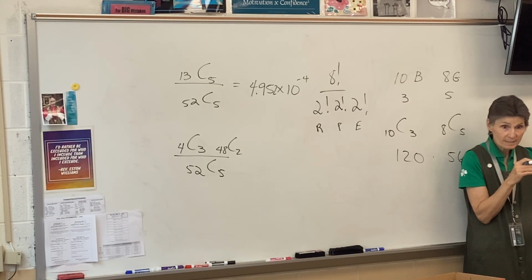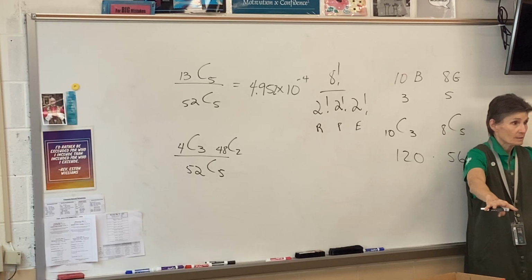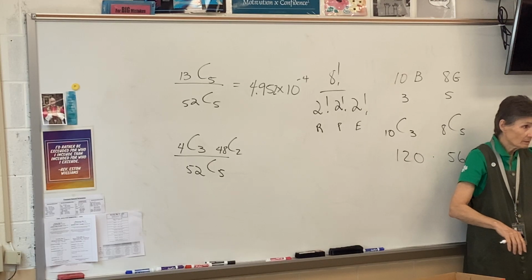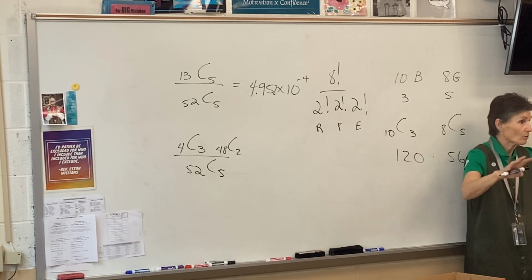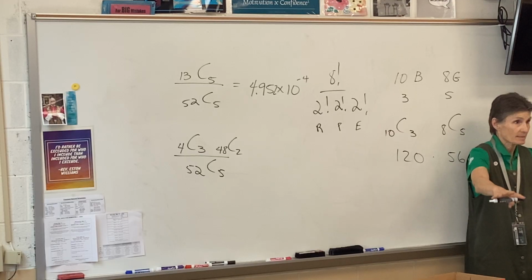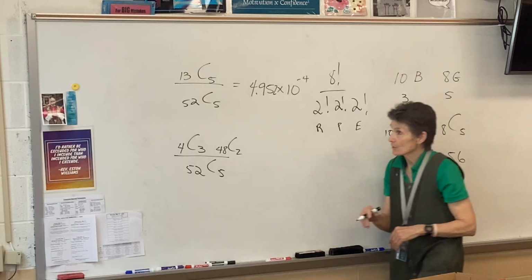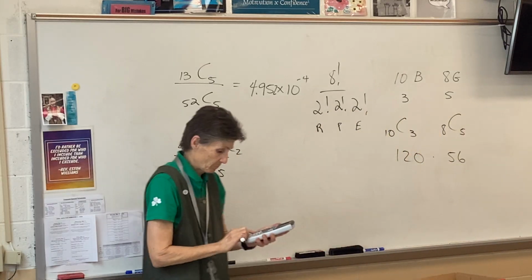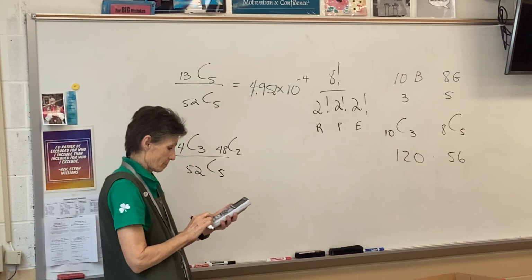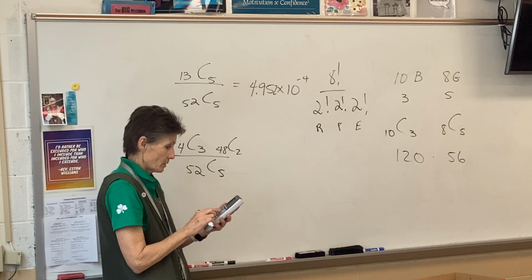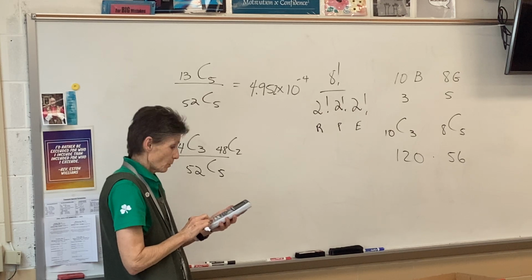Okay, so you have 4 aces, 48 others. Taking 3 out of this pile, 2 out of this pile. It's like boys and girls. Aces, not aces. All right, what's our answer?